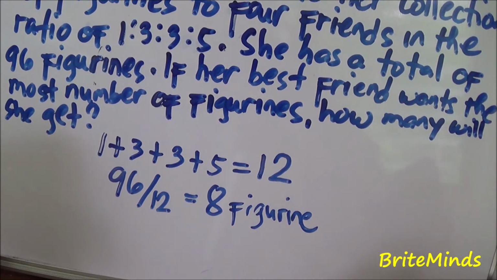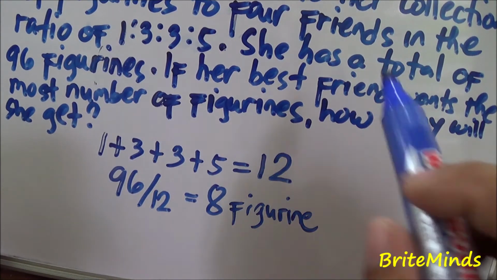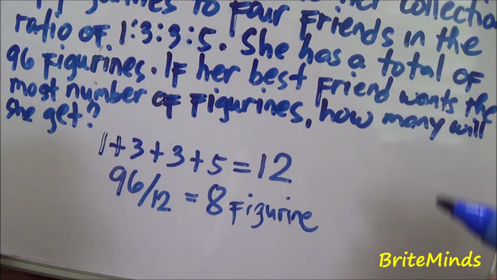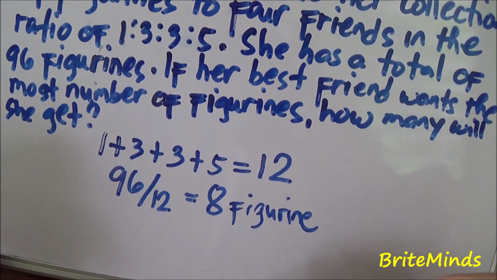Who do you think is the best friend here? The 1 ratio, the 3, or the 5? The ratio of 5 is her best friend.